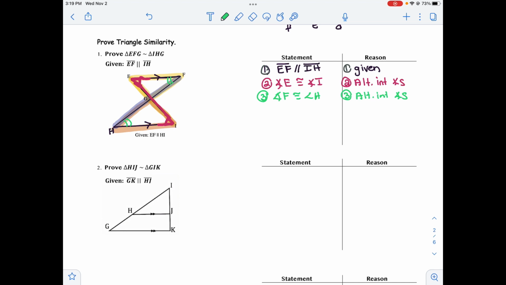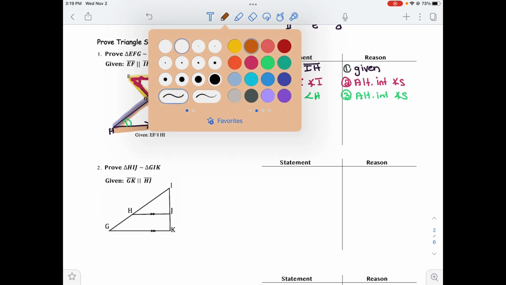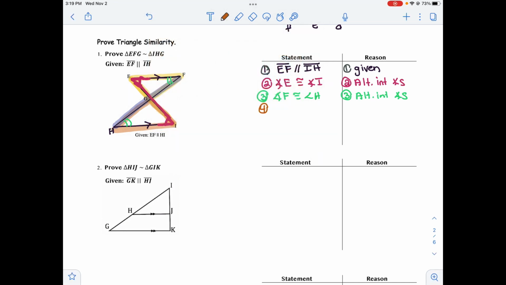So we can say now, for our last part, for number 4, triangle EFG is similar to triangle IHG, and the reason is angle similarity.